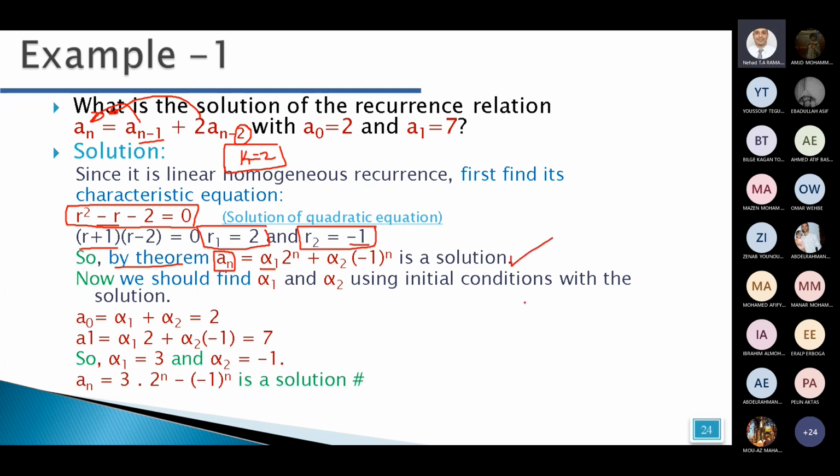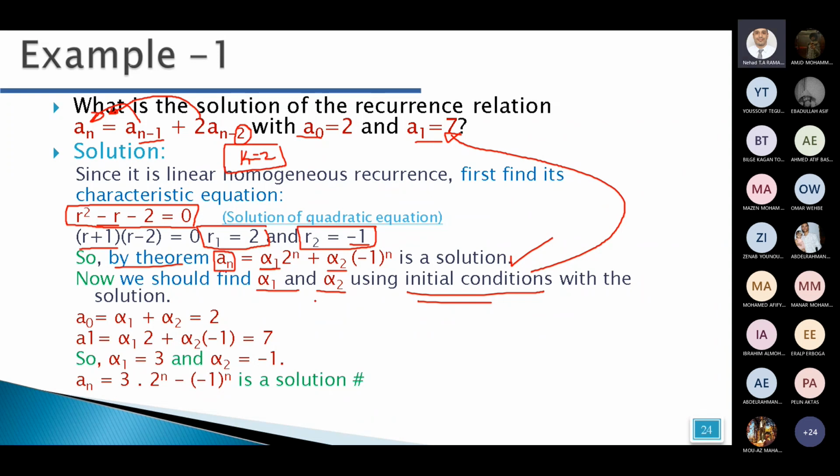This is the solution, but we did not finish. We have to find the values of the constants alpha 1 and alpha 2, using the initial conditions. We will find a0 and a1 using this solution, then we can find alpha 1 and alpha 2.